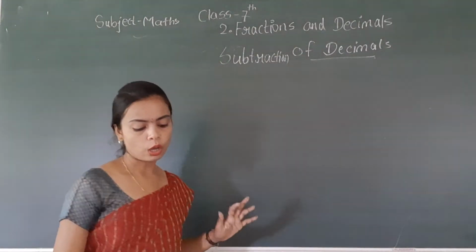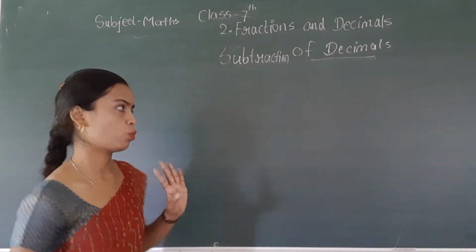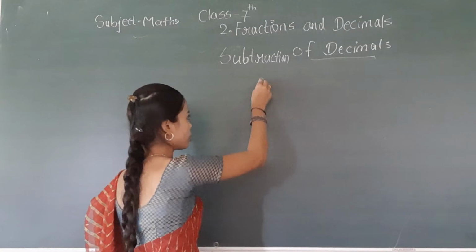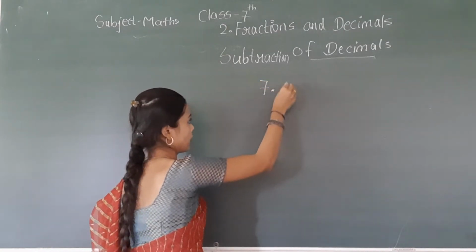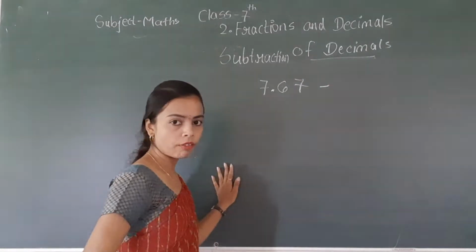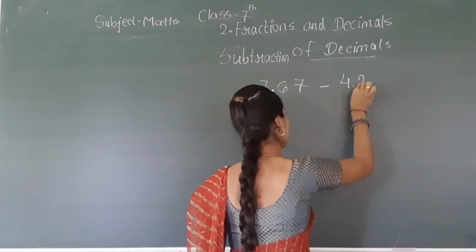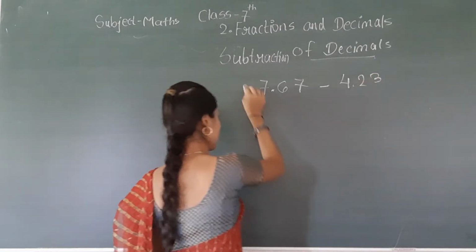Okay, so now look here. I will tell you how to subtract two numbers. Okay, your first number is 7.67 minus 4.23. Okay, this is your first question.